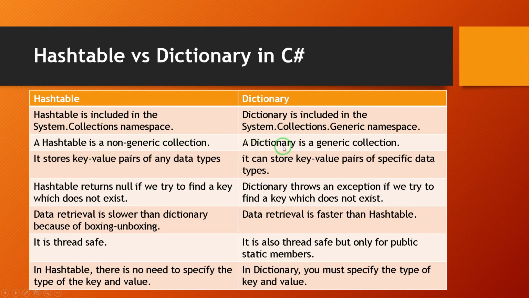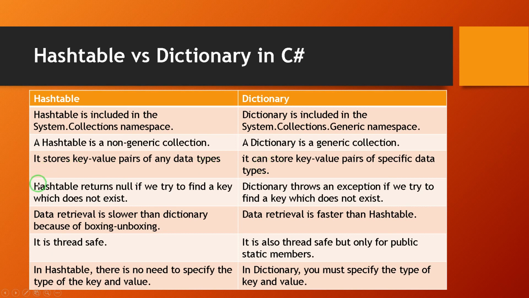A dictionary is a generic collection. Third difference, hash table stores key value pairs of any data type, and in case of dictionary it can store key value pairs of a specific data type. Already we checked this in the example.